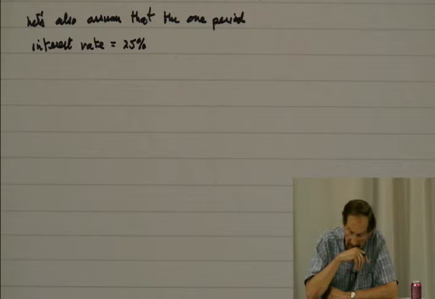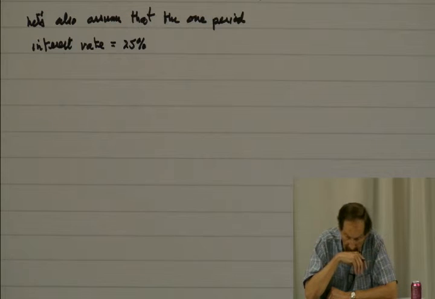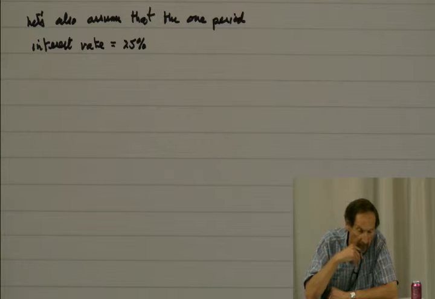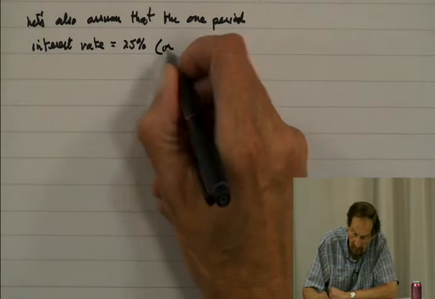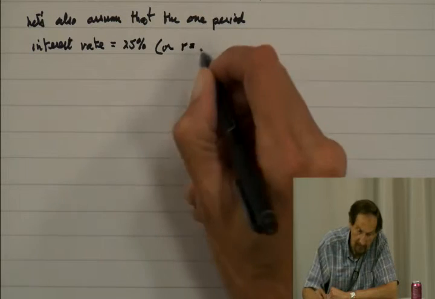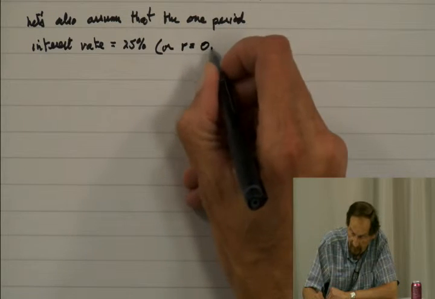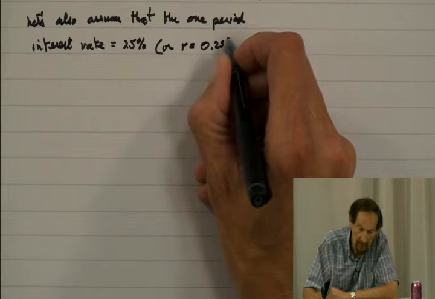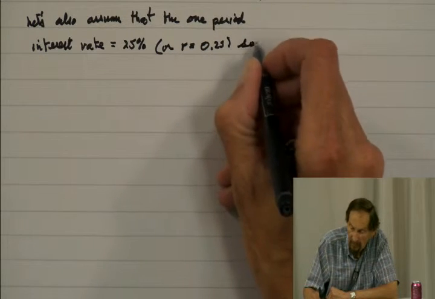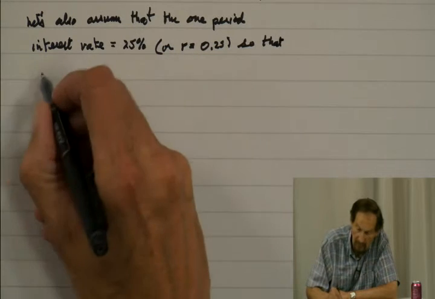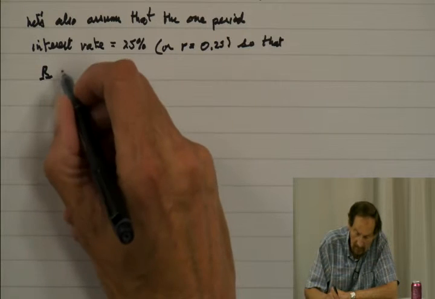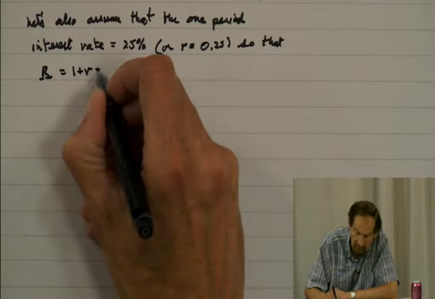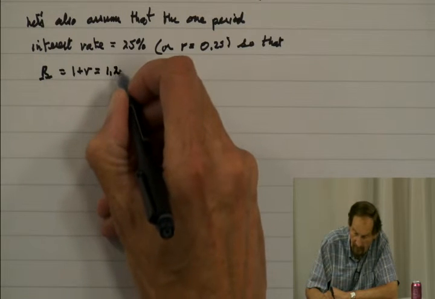Now we know that yearly interest rates are very, very low now. In fact, the federal funds target rate is between 0 and 0.25%. Or, this is r, if we express it without a percentage, is 0.25. So that capital R, our return, equals 1 plus r equals 1.25. Okay.